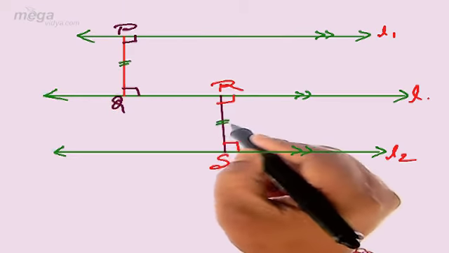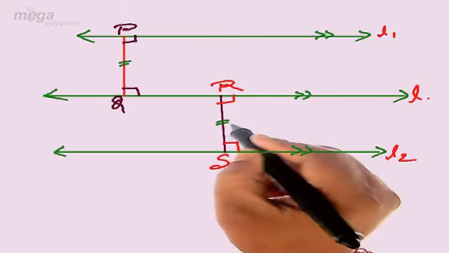So PQ is mod of 5 minus c upon root under 3 square plus 4 square, equal to RS, the distance between the required line and line 2, which is mod of minus 17 minus c upon root under 3 square plus 4 square.